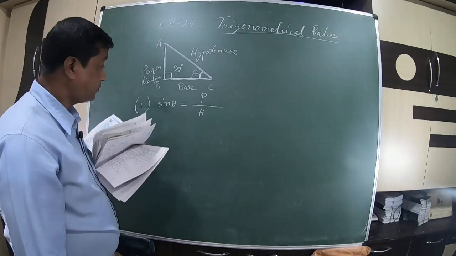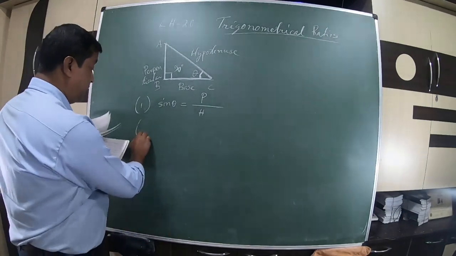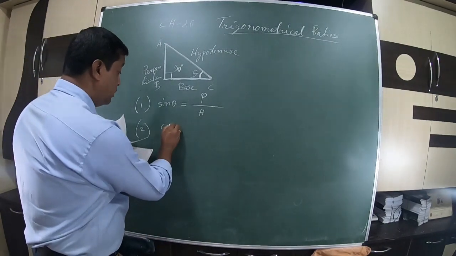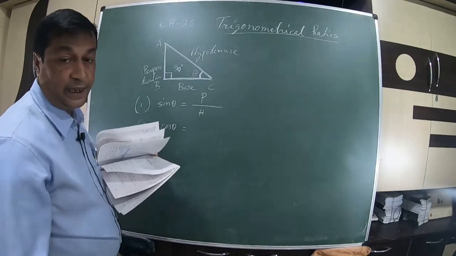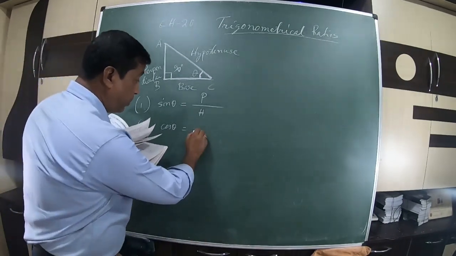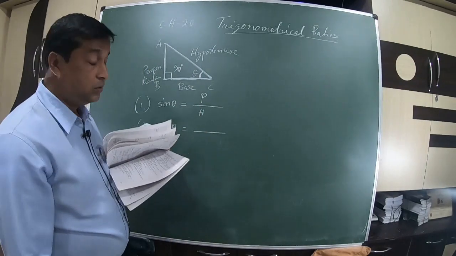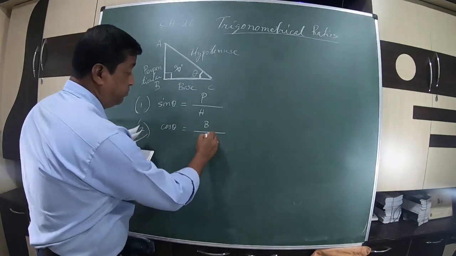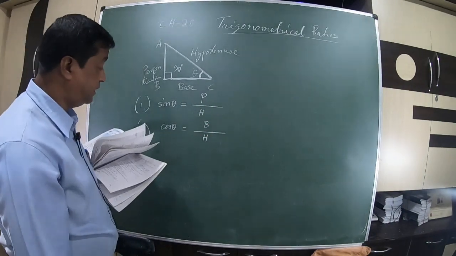Now the next ratio is cos theta. Actually its full form is cosine theta, but in short it is written as cos theta. For this one you have to take base and hypotenuse, base by hypotenuse. This will be the cosine theta.